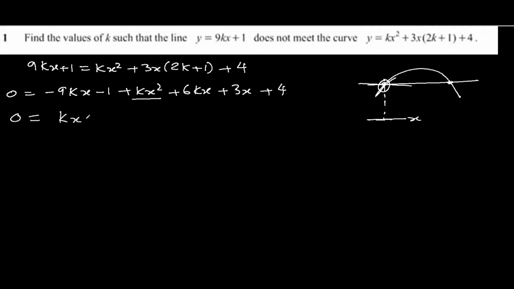Kx square. Okay, 6kx and minus 9kx will be minus 3kx plus 3x, this one, and minus 1 plus 4 will be plus 3. So let's take this x common to make it a quadratic equation in a perfect shape.